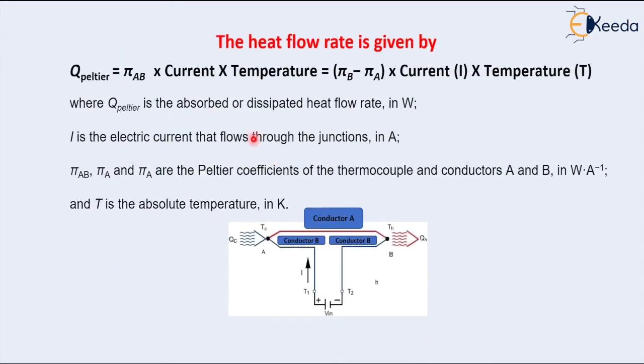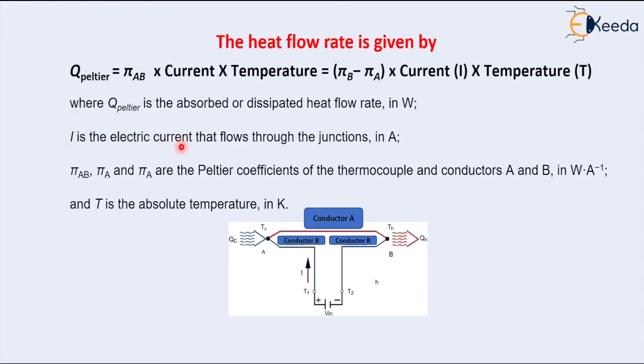What is the value of heat flow rate? The value of heat flow rate in the Peltier effect will be equal to pi AB into current into temperature. Pi AB means pi B minus pi A, into current I, into temperature T. Q Peltier is the heat absorbed or heat dissipated, in terms of watt.